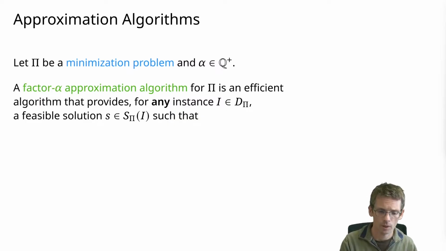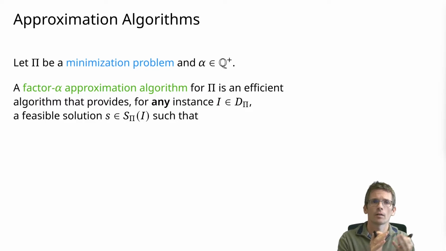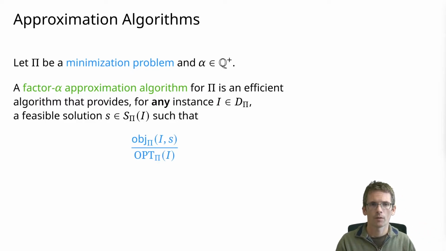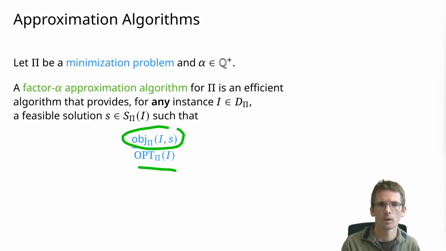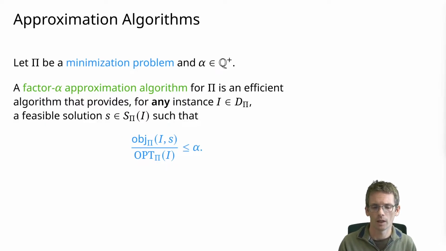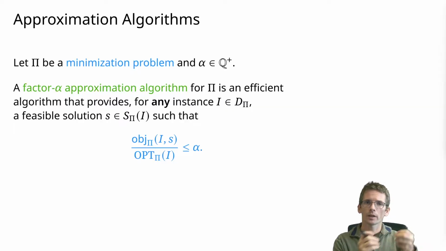Efficient means polynomial time, such that for any instance, it computes a feasible solution with the property that the objective function of that solution compared to the objective function of the optimal solution, so the minimum one, is at most alpha. Often you will see this also as the objective function of the solution is bounded by alpha times the optimum.